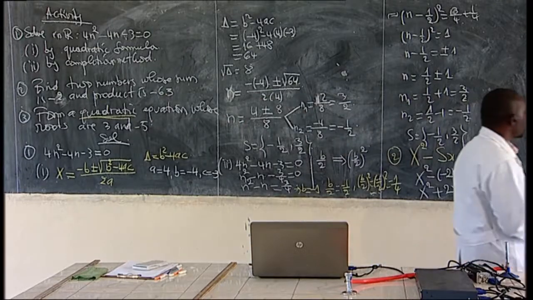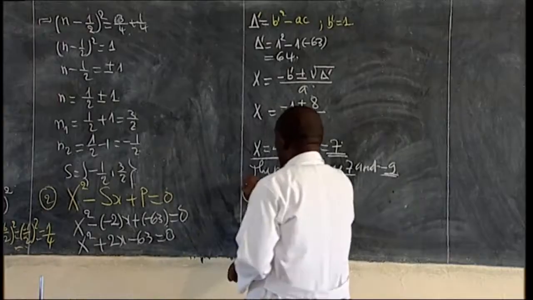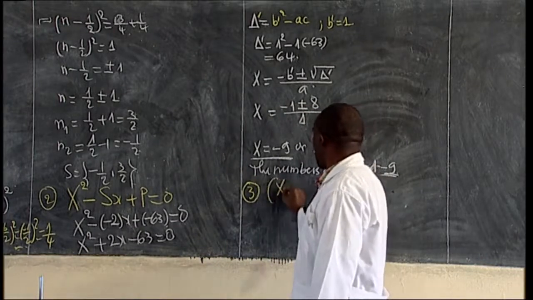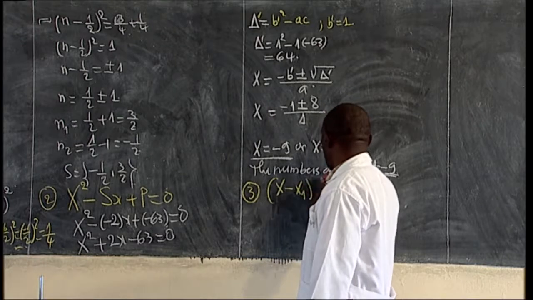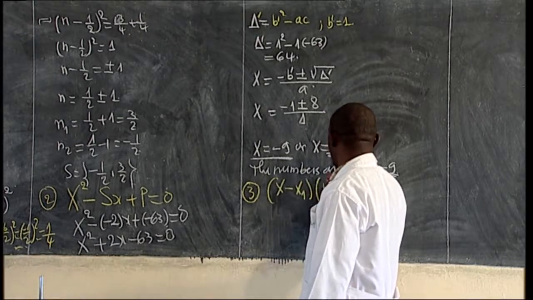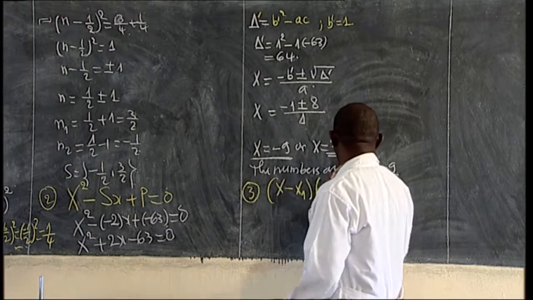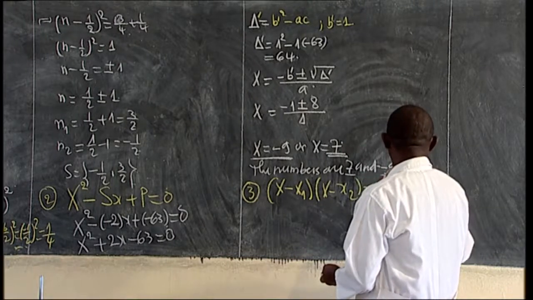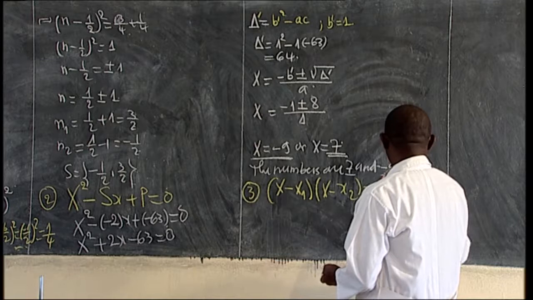When you have the roots, to form a quadratic equation is very simple. You just take x minus x1 times x minus x2 equals 0. Of course, x1, x2 are the roots.